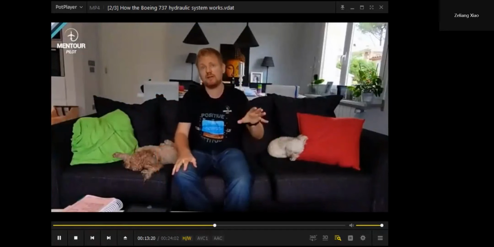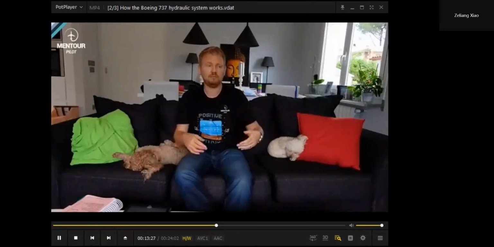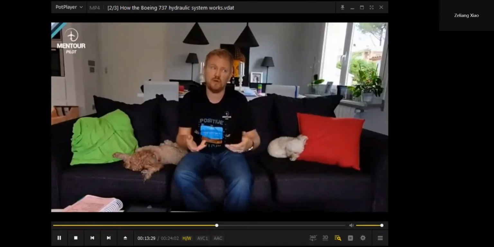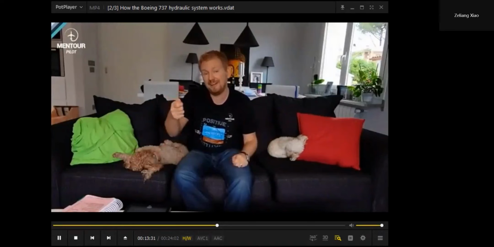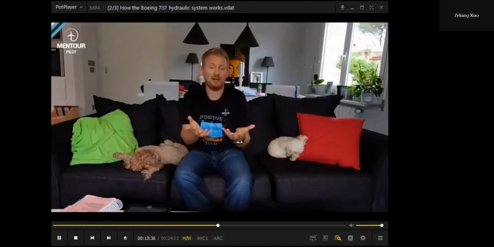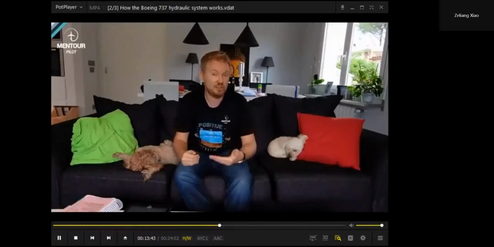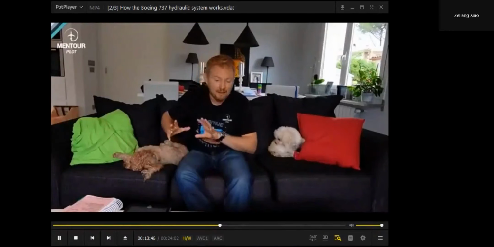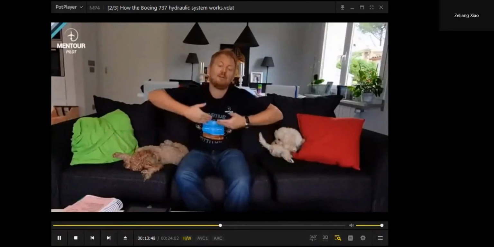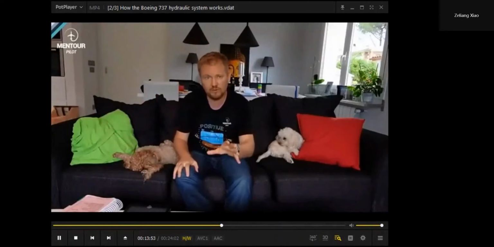Remember I told you that the engine-driven pumps give 4 times the volume of the electric one? Well, we understand that if you have an engine failure on engine number 1, you want to get the gear up, you want to reduce the drag as quickly as possible as part of an engine failure after takeoff scenario, well then you need to get the gear up fairly expeditiously. And in this case, the landing gear transfer unit jumps in and it gives the additional volume to get the gear up as quickly as possible, to reduce the drag and to get the aircraft climbing away. So it's a very, very smart system.